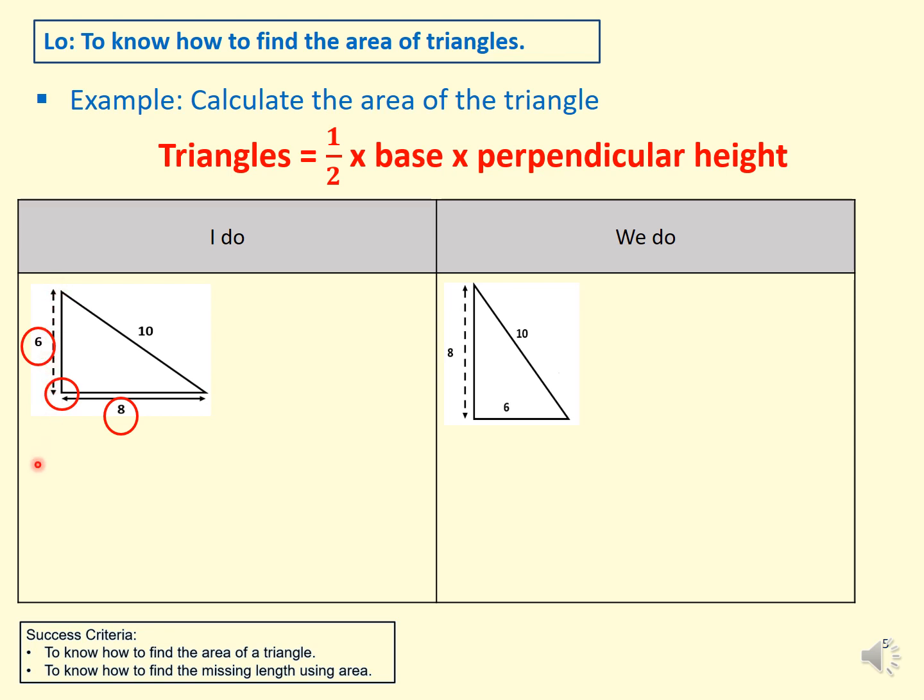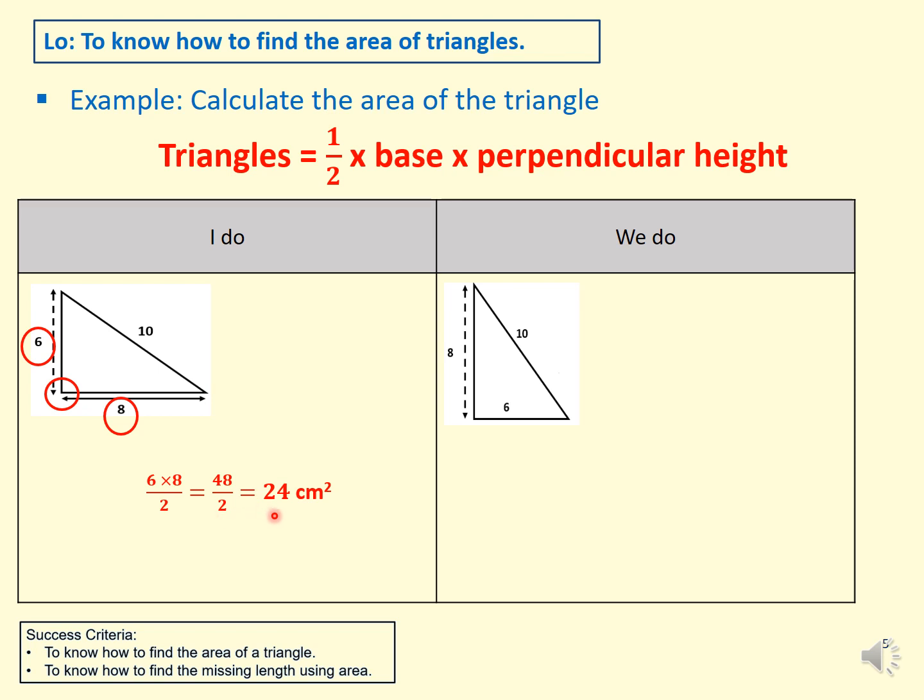So now if I want to find the area of triangle, as I said, times base and height, so you times 6 by 8, then whatever is your answer, you half it, you divide it by 2. Half means divide by 2. So for area of that triangle, I do 6 times 8, which is 48, and then at the end I will divide it by 2.